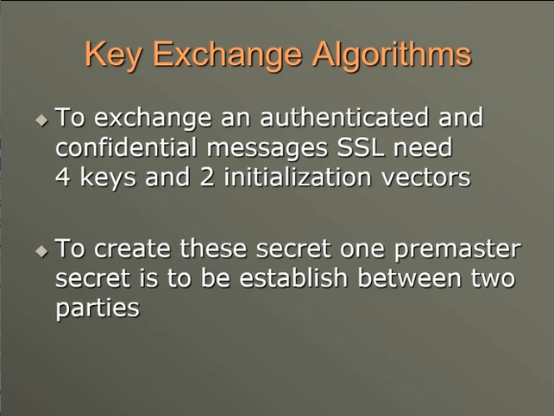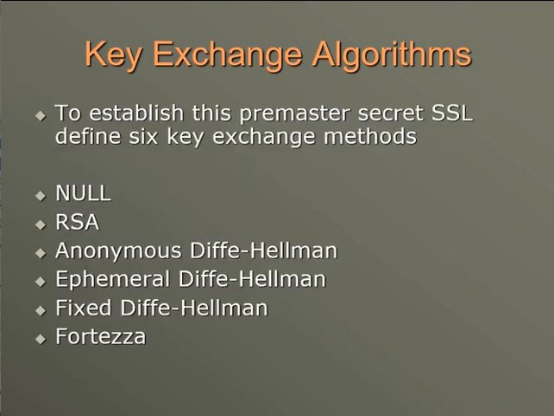However, to create these secrets, one pre-master secret must be established between the two parties. SSL defines 6 key exchange methods to establish this pre-master secret. The different key exchange methods used by SSL are null, RSA, anonymous Diffie-Hellman, ephemeral Diffie-Hellman, fixed Diffie-Hellman, and Fortezza.